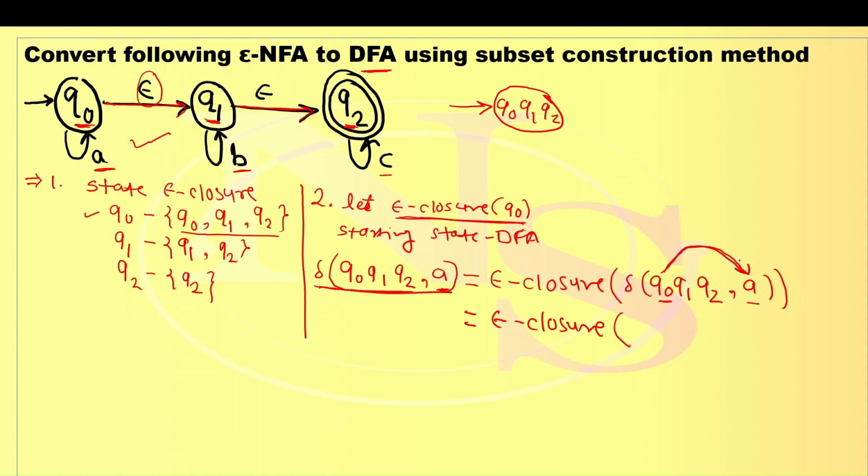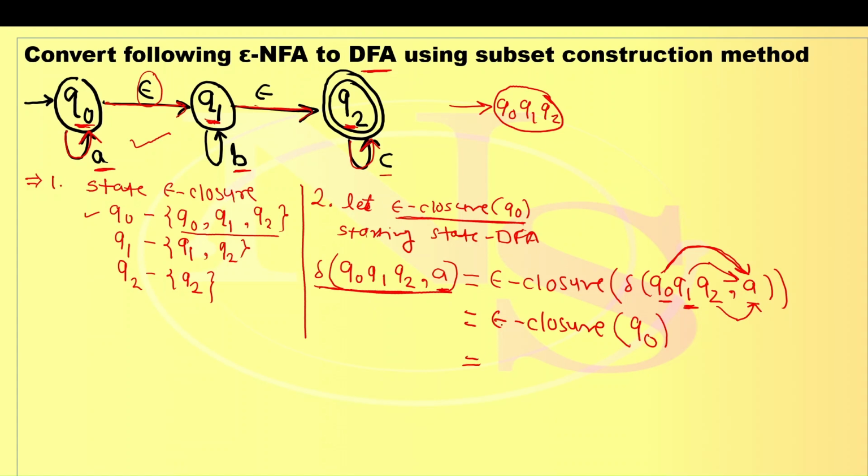Q0 on reading A is going to Q0 itself, so write it down here. Next Q1 on reading A. Q1 doesn't have any transition for A, so there will be nothing. Then Q2 on A. Q2 also doesn't have any transition for A, so there will be only Q0.